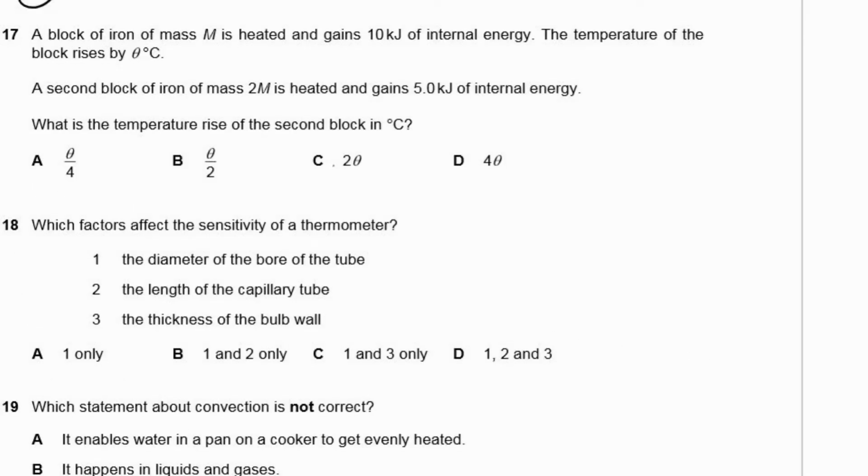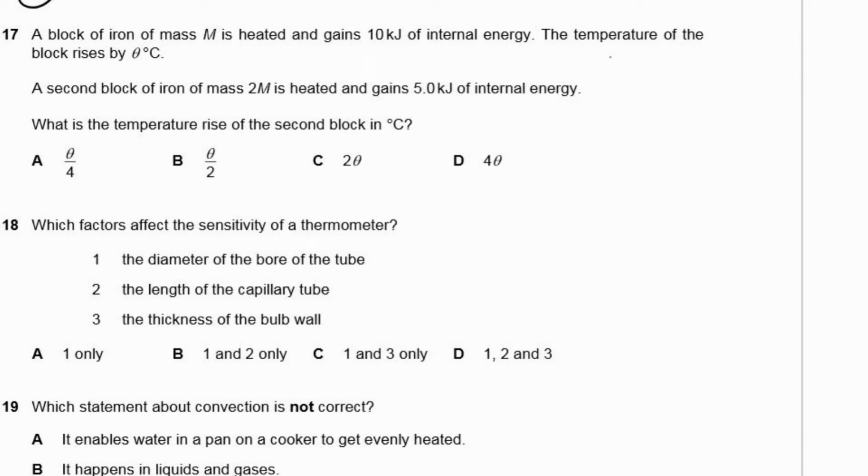Question 17. A block of iron of mass m is heated and gains 10 kilojoules of internal energy. The temperature of the block rises by theta degrees Celsius. A second block of iron of mass 2m is heated and gains 5 kilojoules of internal energy. What is the temperature rise of the second block in degrees Celsius?